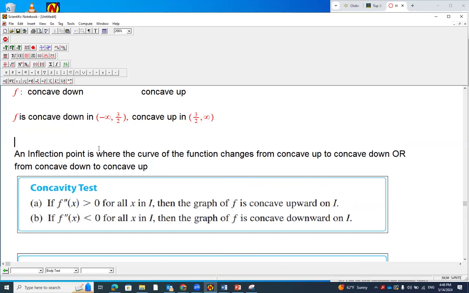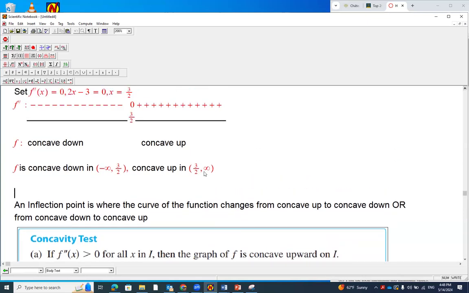So let's see what happens at 3/2. At x equals 3/2, we have a change of concavity from concave down to concave up. So 3/2 is the input point for the function. How do we find the point?